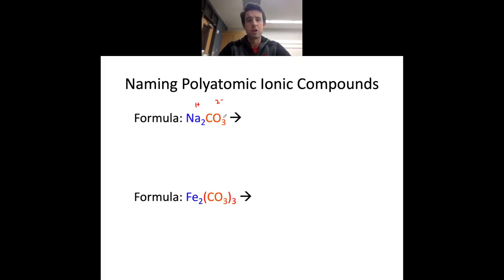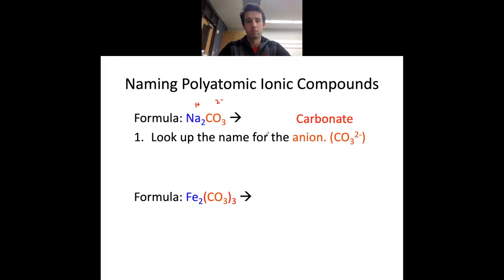We name CO3. If you look on the back of your periodic table, you'll see that it's called carbonate. So look up the name for CO3, carbonate. Look up the name for the cation, sodium: sodium carbonate. And that's all we have to do here. Pretty simple, just 2 steps. Name the anion, name the cation, name the blue stuff, name the red stuff, name the metal, name the non-metal, and you're done.